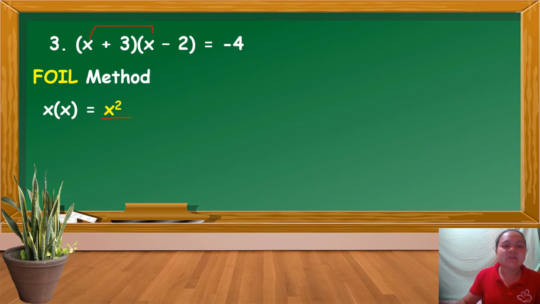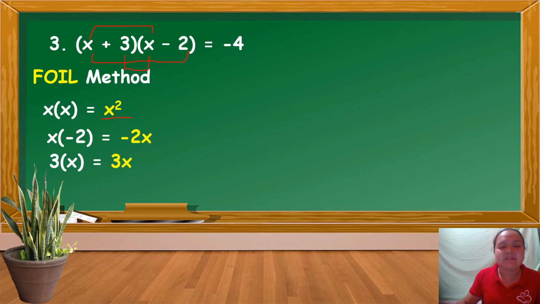That is x squared. Our outer term is negative 2 and x, or x times negative 2. That is negative 2x. Next, our inner term, which is 3 and x. So 3 times x, that is 3x. Then our last term is 3 and negative 2. So that is negative 6.